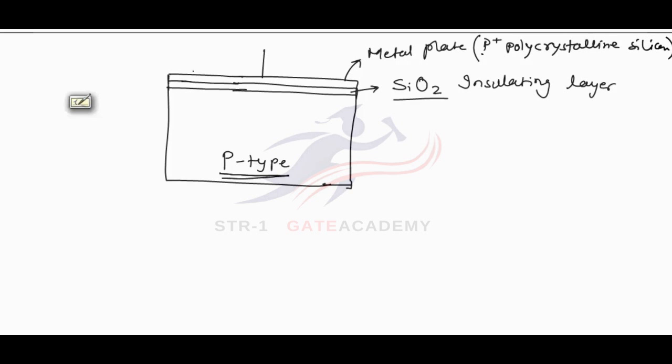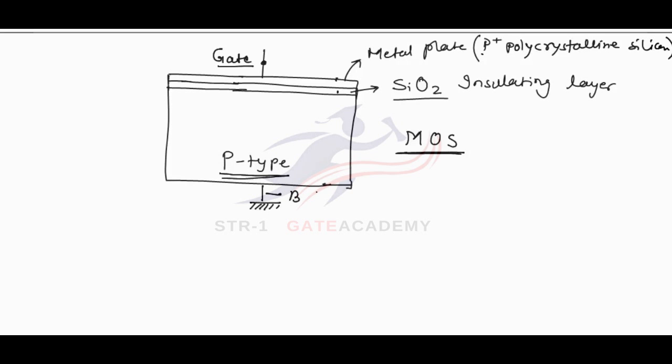So in this structure, the upper part is metal, the middle part is the SiO2 insulating layer, and the lower part is a semiconductor. So this structure is called metal oxide semiconductor, MOS. This terminal we will call the gate terminal, and this terminal will be grounded. This will be called the body terminal for this MOS capacitor.